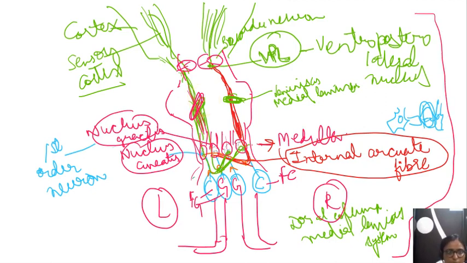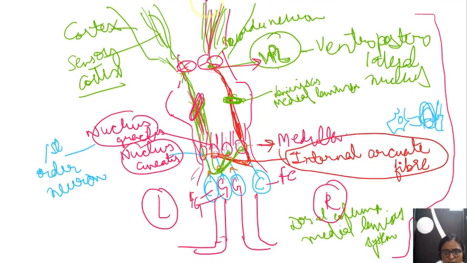Now if we talk about the termination, the second order neuron terminates and the third order neuron originates in the VPL nucleus of the thalamus. From the thalamus it will go to the higher centers, to the sensory cortex. Fine. So if you have any problem or any lesion in the tract before the crossing, means above the crossing, for example, let's discuss.